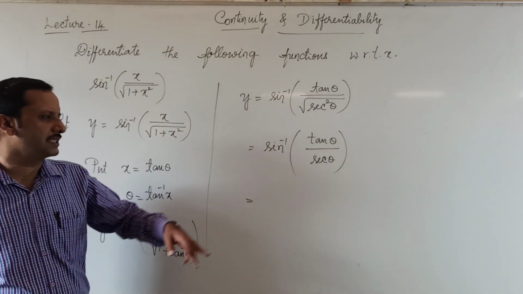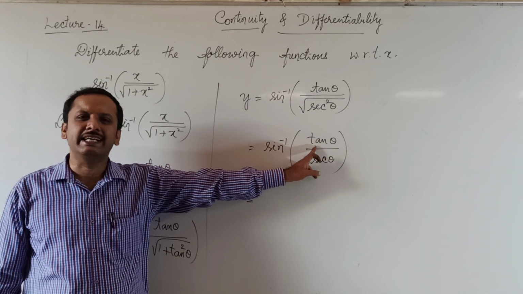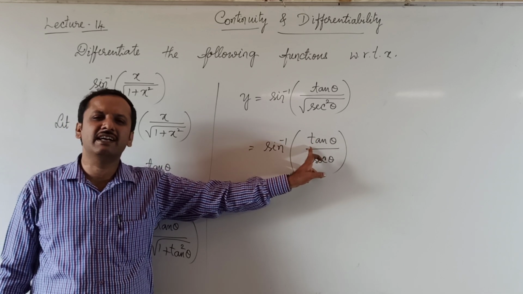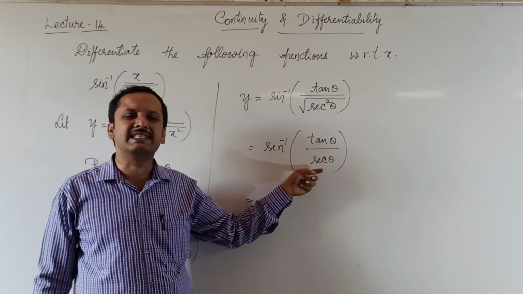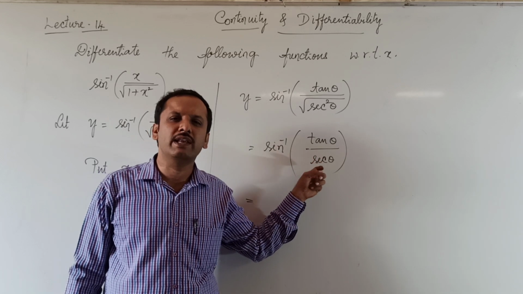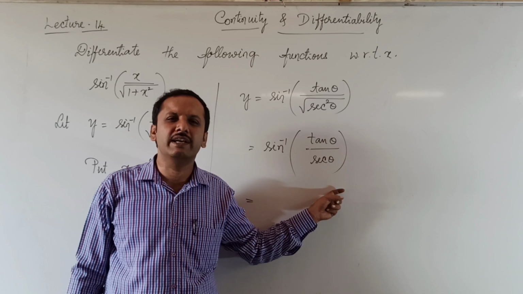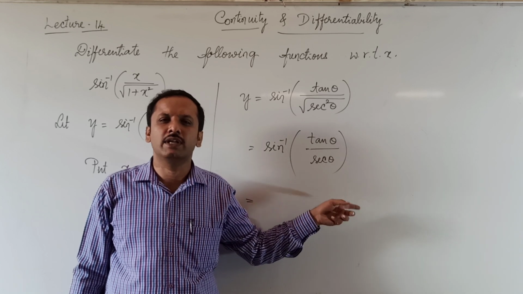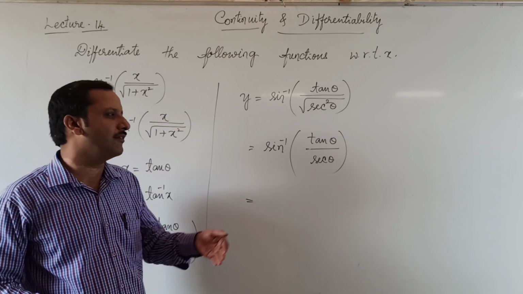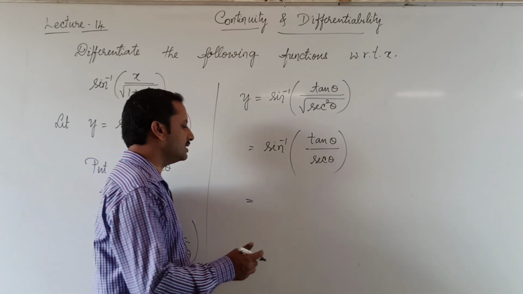Next, I will write tan theta as sin theta divided by cos theta, and secant theta as 1 by cos theta. Numerator is sin theta by cos theta, denominator is 1 by cos theta, so that cos theta gets cancelled and we are left with sin theta by 1, which is sin theta.